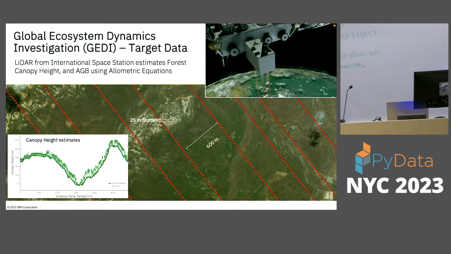That means when the laser hits one particular point, the area it covers is around 25 meters in any one direction. The separation between two lines is around 600 meters. Using that LiDAR, they estimate the height of all these points, and using these heights, they extrapolate to get the biomass.